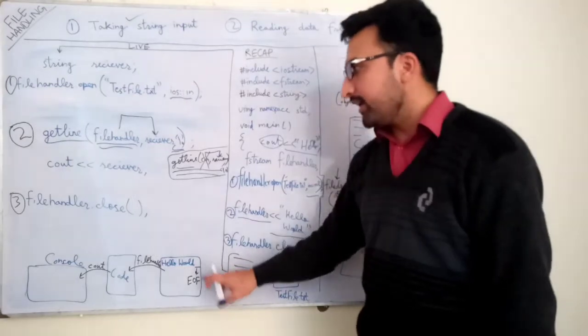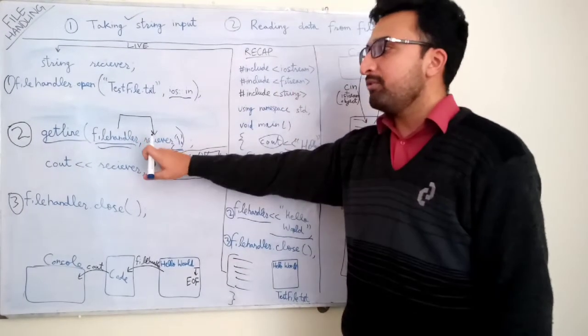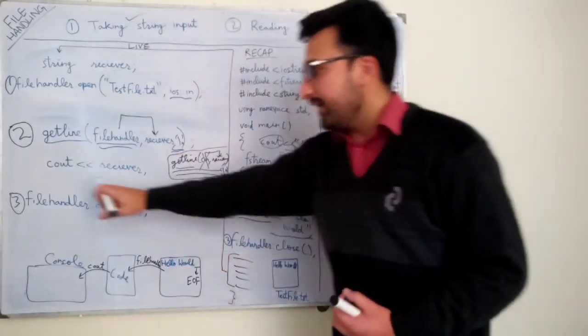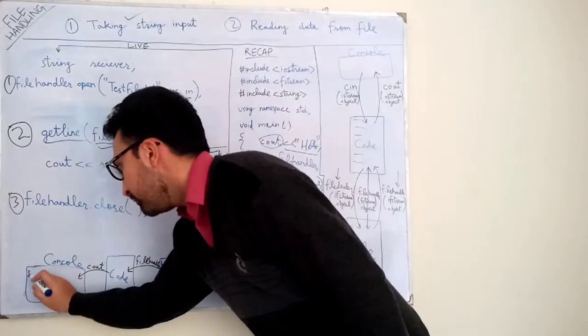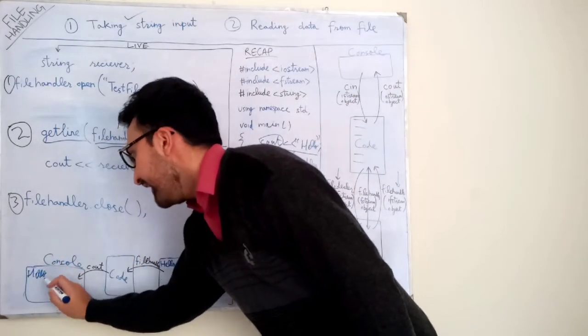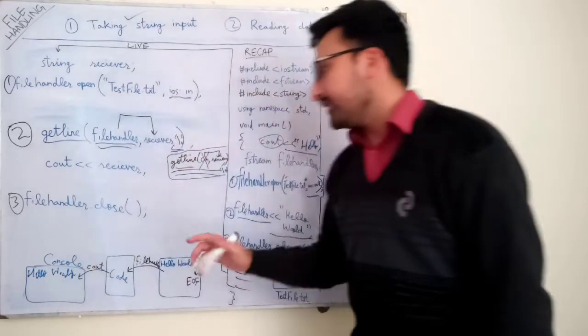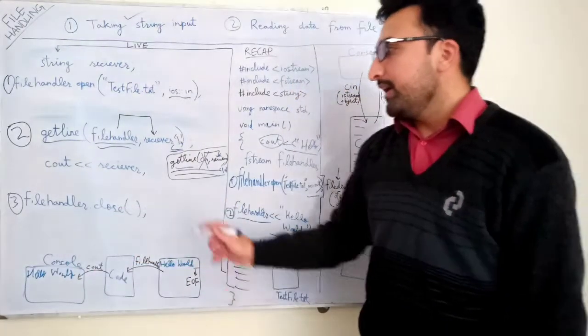So end of file arrives here, this line gets executed, and whatever was read from the file is stored in the variable receiver. When we output receiver onto the console, what is outputted on the screen? Hello world.